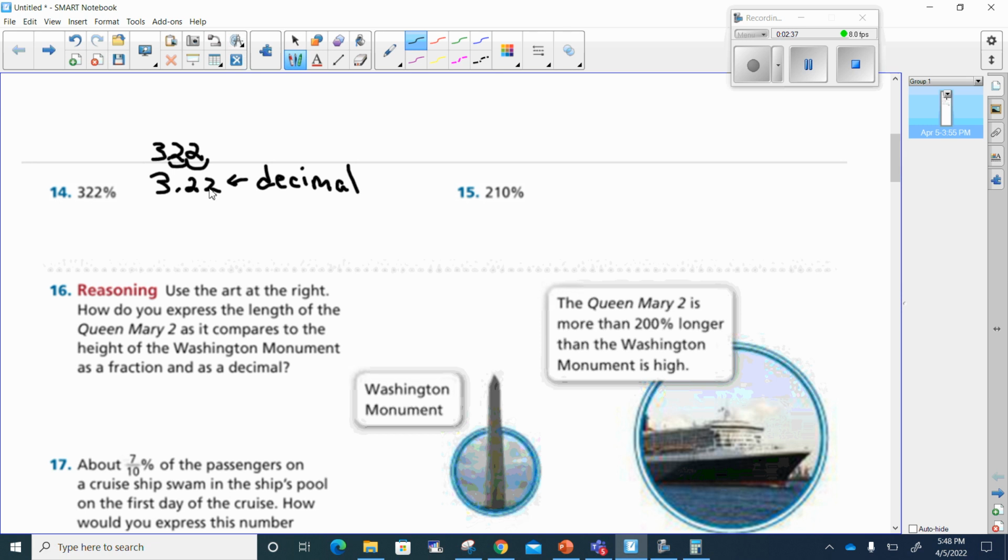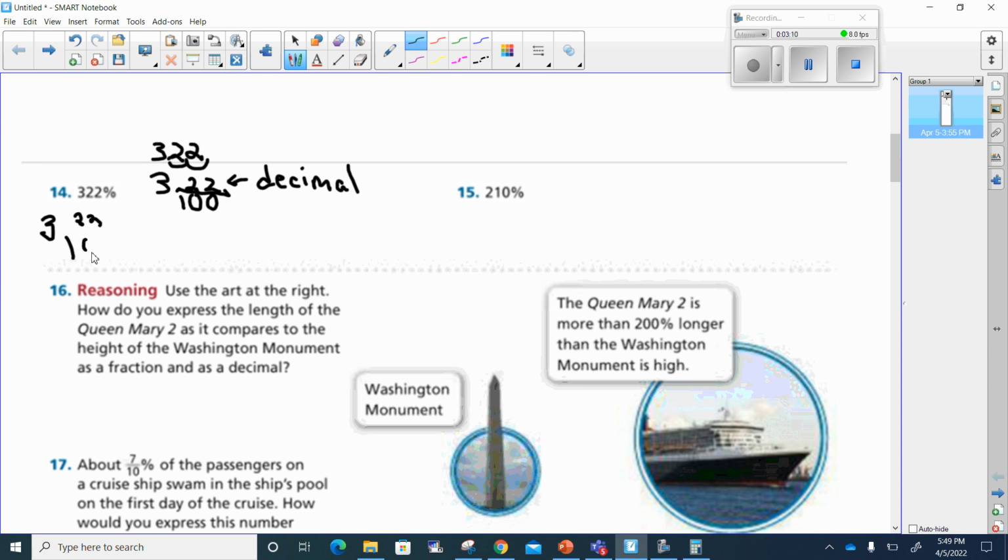Now I can turn this into a fraction by remembering if I have decimals and there's no line over it, I can get rid of my dot, put a line under my numbers, put a 0 underneath each one of my numbers, then put a 1 in front of those zeros. So now I have 3 and 22 over 100. I know that 22 and 100 can both be divided by 2, right?